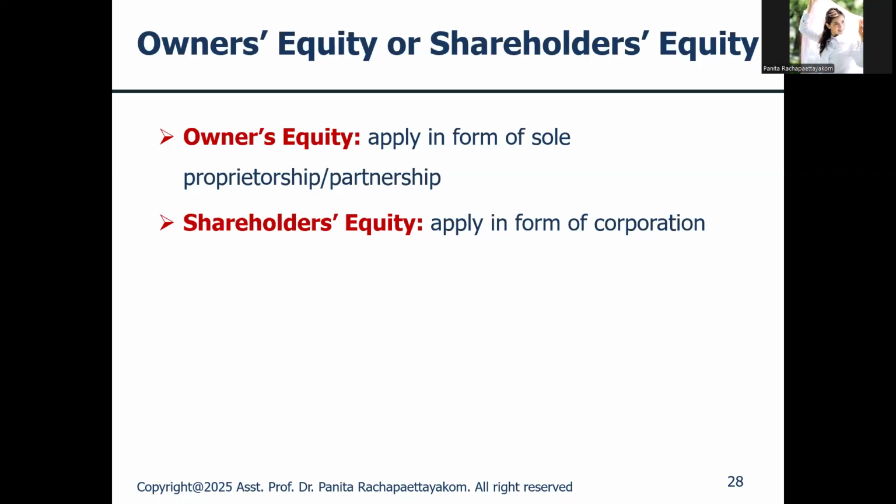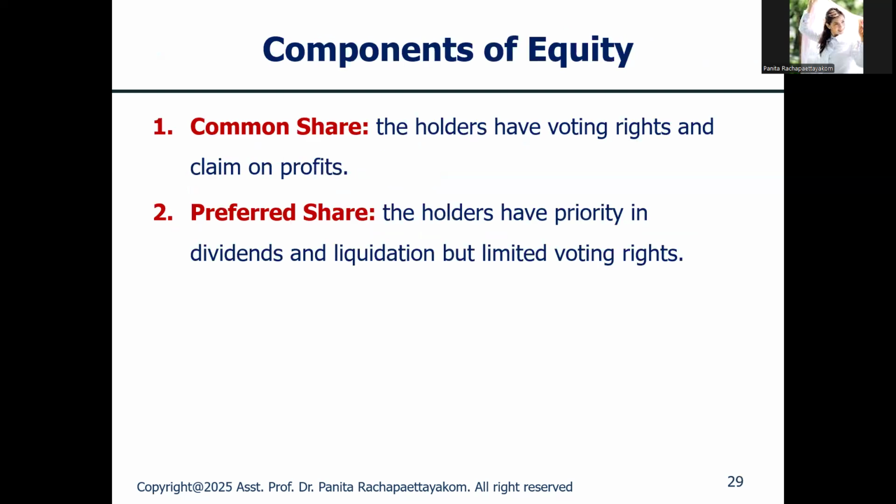At this point, we have completed the liabilities, current and long-term. Okay, we then move to the last part, the owner's equity, which is the last part of the balance sheet. Here are the components.